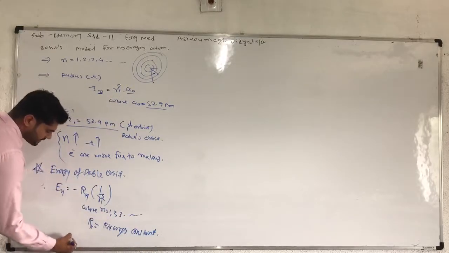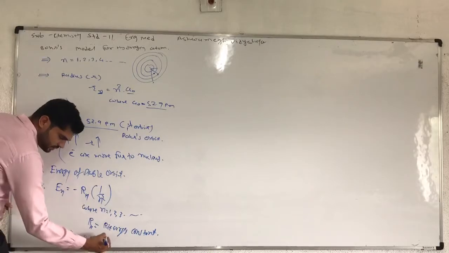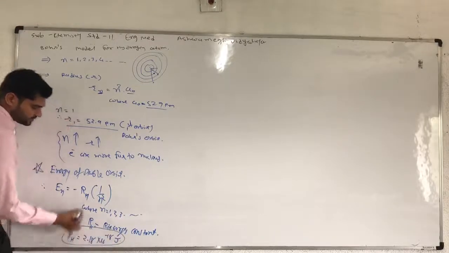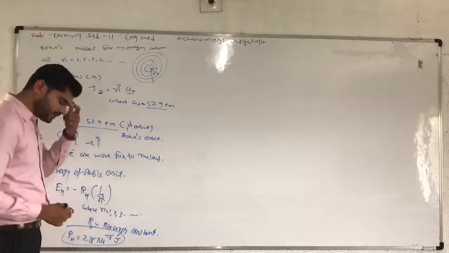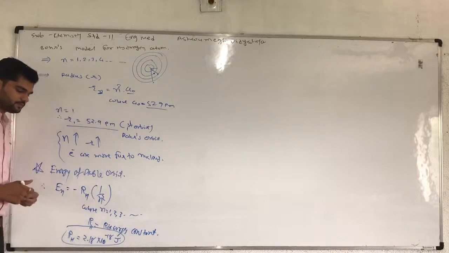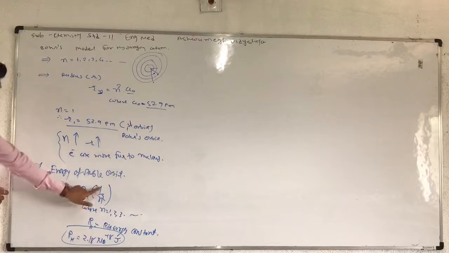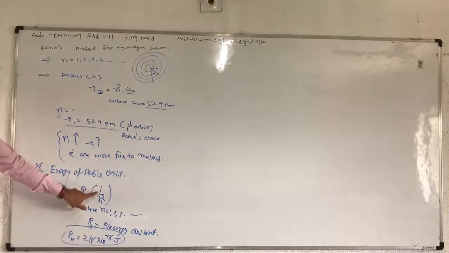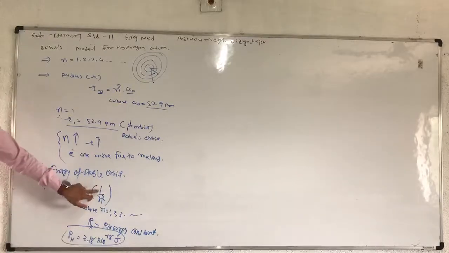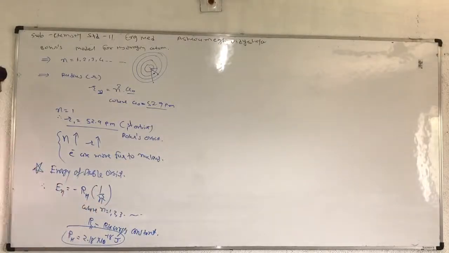The value of RH is equal to 2.18 into 10 raised to minus 18 joule. Here Z represents atomic number. For hydrogen, Z is equal to 1, divided by n square.